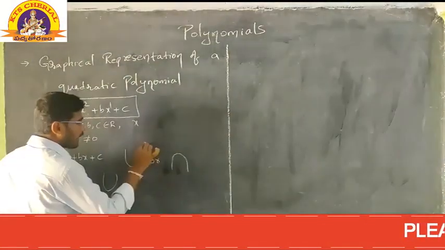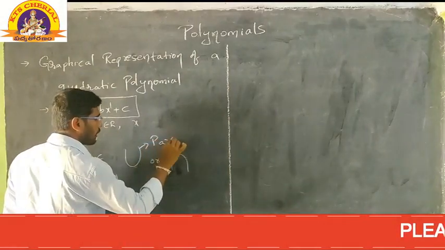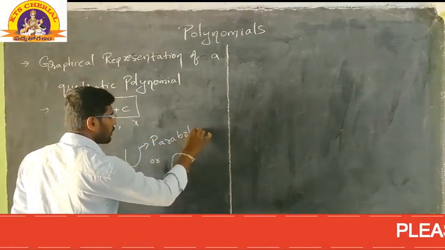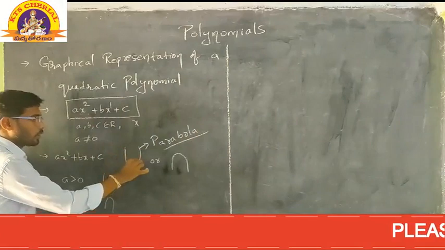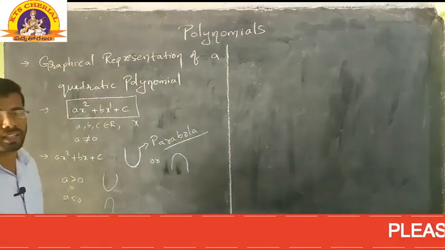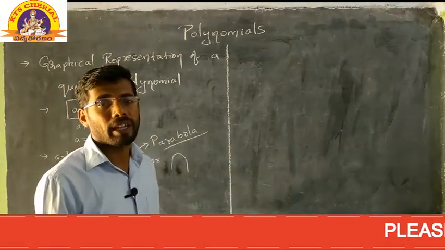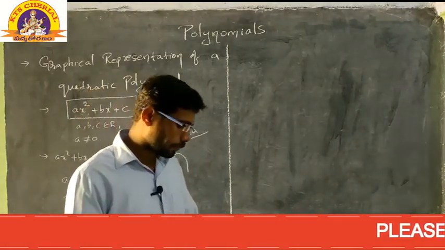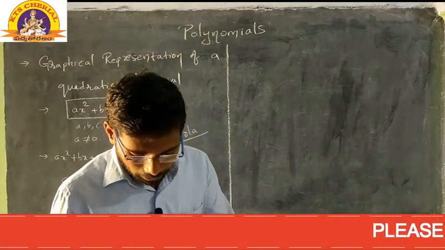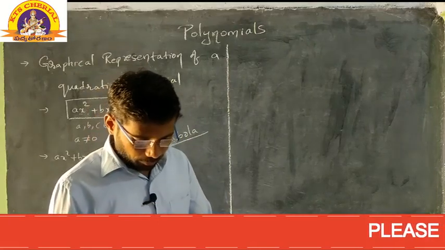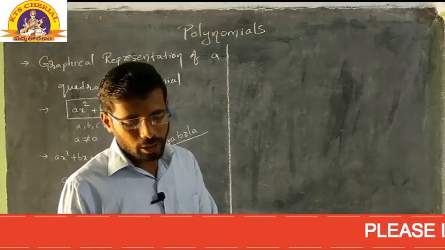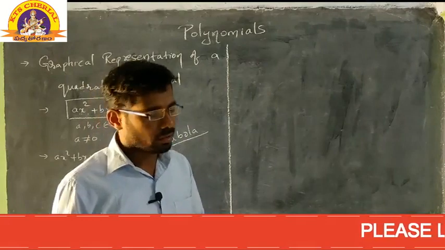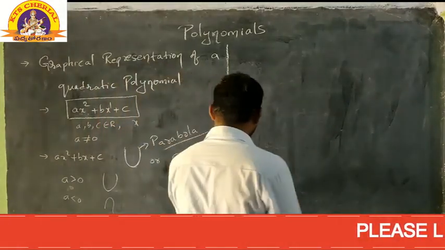This shape we call a parabola, P-A-R-A-B-O-L-A. Whatever shapes you get like these, we call them parabola shapes. Next I am going to explain about these zeros.